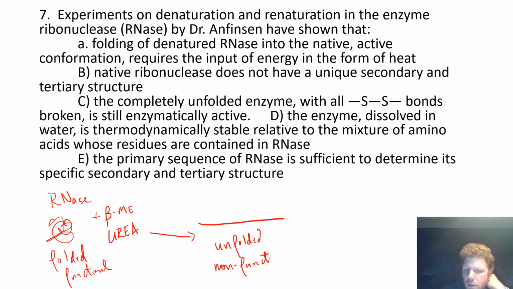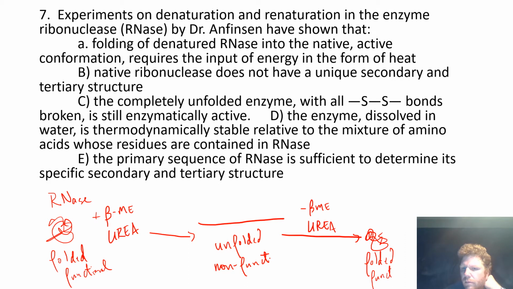And so after he got to that point, he titrated away. So he removed BME, the beta-mercaptoethanol, which breaks disulfide bonds, and the urea, and he effectively refolded the protein. And it was again folded and functional. So this is an important discovery. He made important strides in this sort of research.